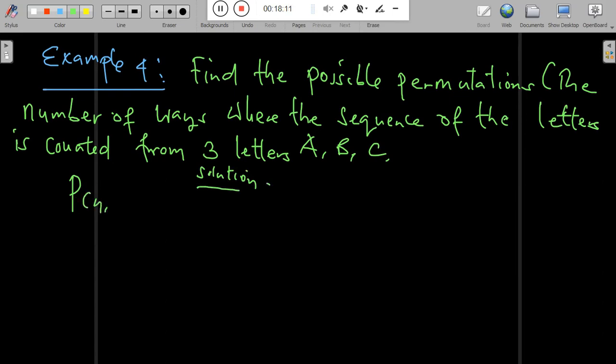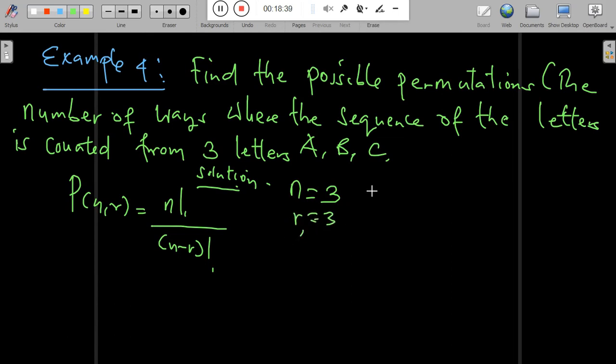We have the total number of letters, that is A, B, C, and the number of letters taken is 3. So the number of permutations is given by nPr, which is n factorial divided by (n minus r) factorial. We have n, the total number of observations, equal to 3, and r, the number of letters taken, which is 3.